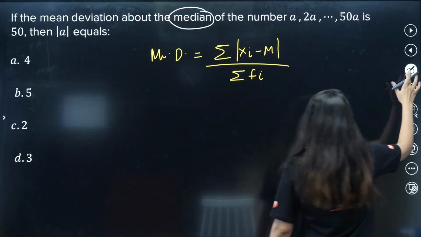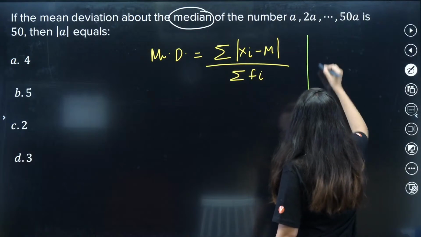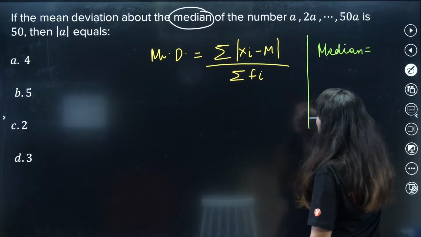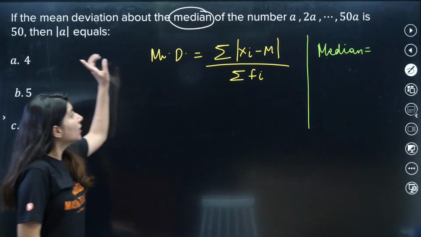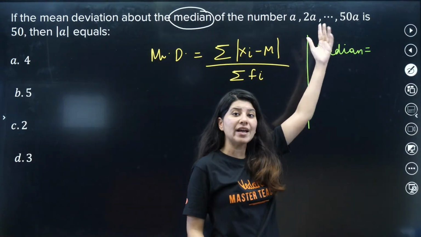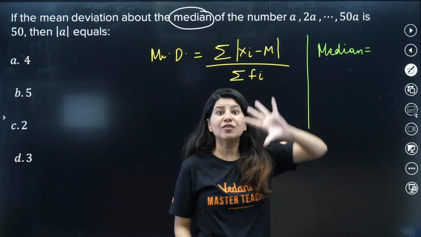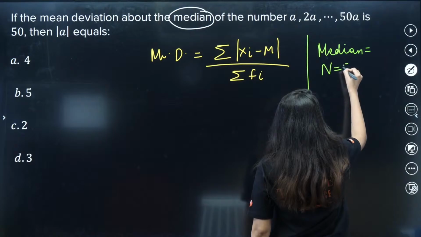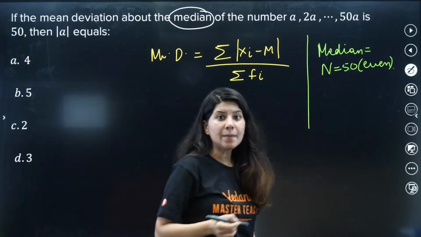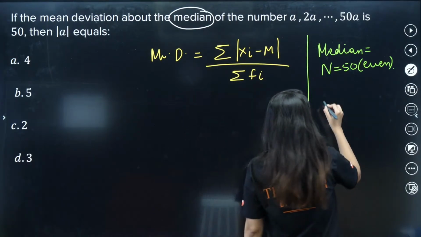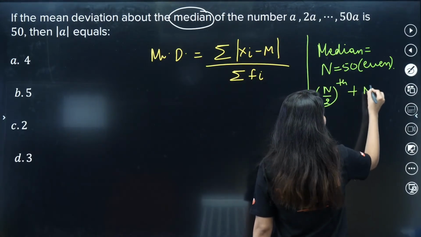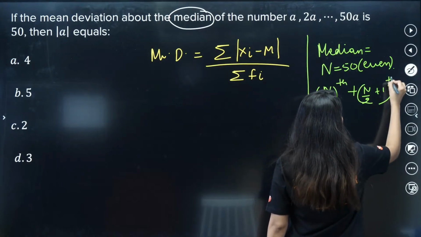First of all, the very first thing you need to do is calculate the median. See, the numbers are already arranged in increasing order: 1A, 2A, 3A, 4A and up to 50A. How many observations are there? 50. So capital N is equal to 50, which is even. For an even number, the median would be the (N by 2)th plus (N by 2 plus 1)th observation, divided by 2.